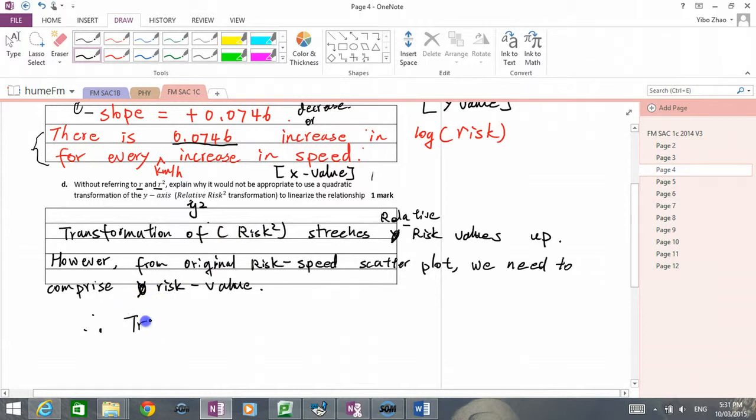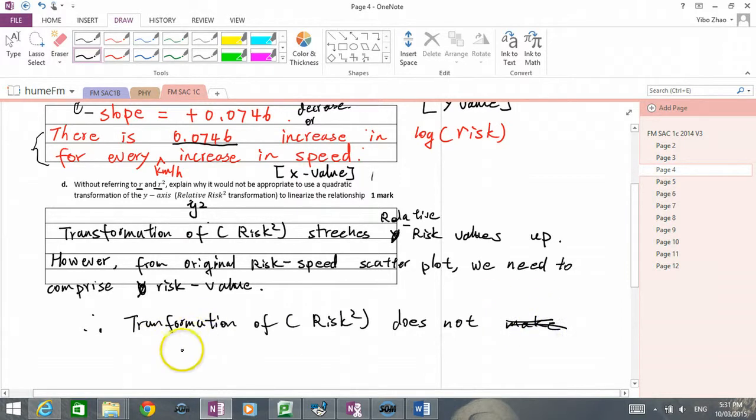So the transformation of risk square does not linearize the data, the scatter plot.